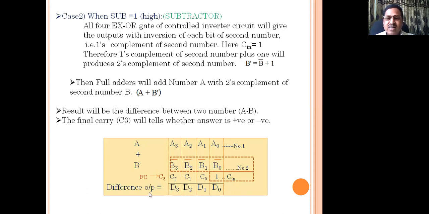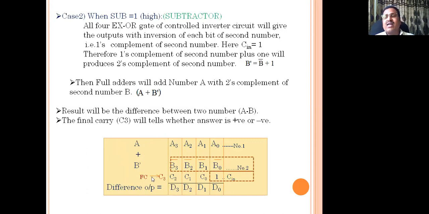If it is present, the answer is positive, and by the method of 2's complement subtraction well known to you, discard or eliminate the carry, and the remaining bits are the resultant difference as the answer of subtraction of the two inputs. If the final carry is not present, then the answer is negative.